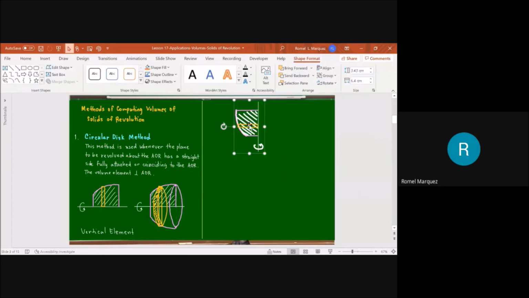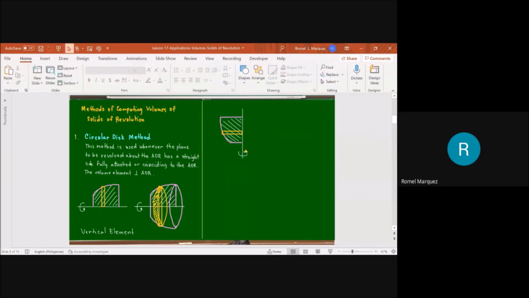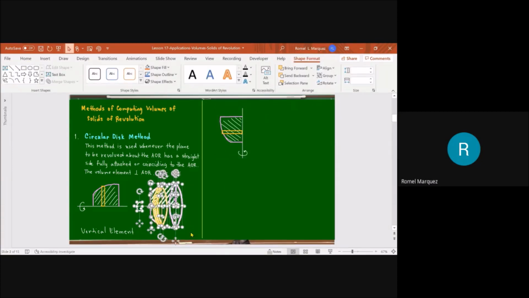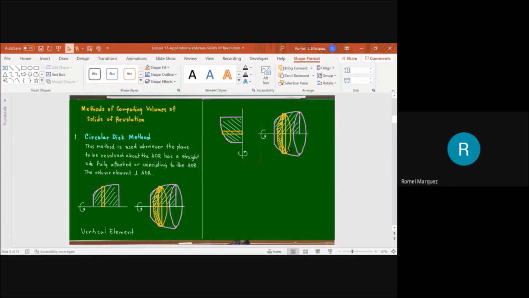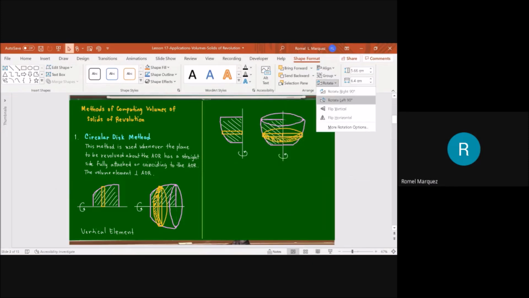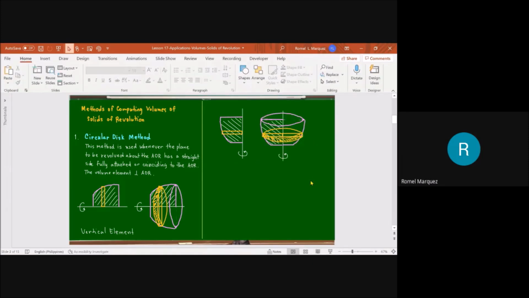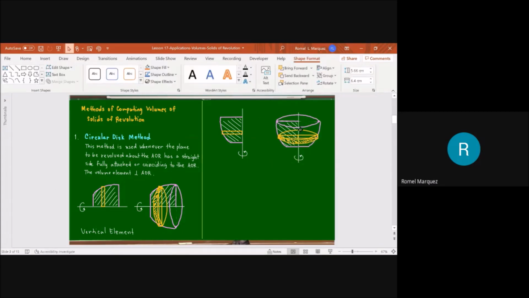Yeah, and I want it to be like this. If you have this shape, let's say this is your shape, this is the corresponding solid. This time you have horizontal, no? So I'm going to flip this also. Is that correct? So that's one. It's like a cup, no? So this is the solid that is formed if you revolve about this vertical line, and you use a horizontal element this time.